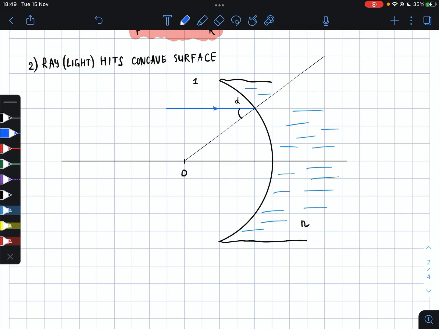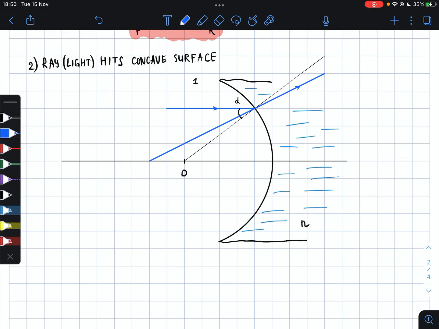Because n, the index of refraction, is bigger than 1, the ray will continue here. It will pass, change its direction, and this angle will be beta. If I continue this ray, it will be somewhere here.